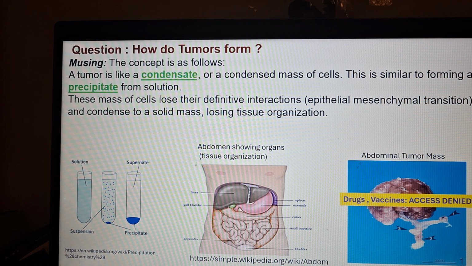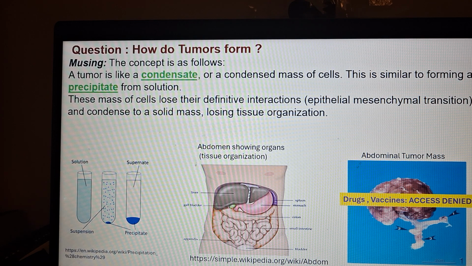So in this way, somehow in the middle what we see is the abdomen, which is a system of organized tissues or organs, each one having their specific role. And on the right side is a tumor mass. So a tumor is what initiates the process of cancer, which has two parts: the formation of a tumor and the spread of the tumor to distant parts.